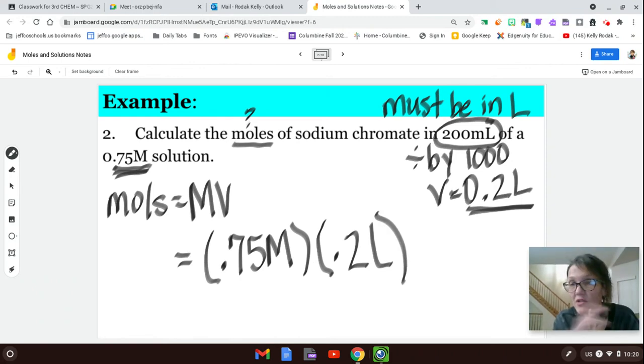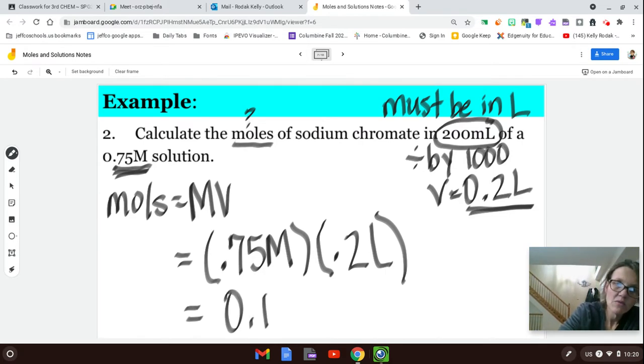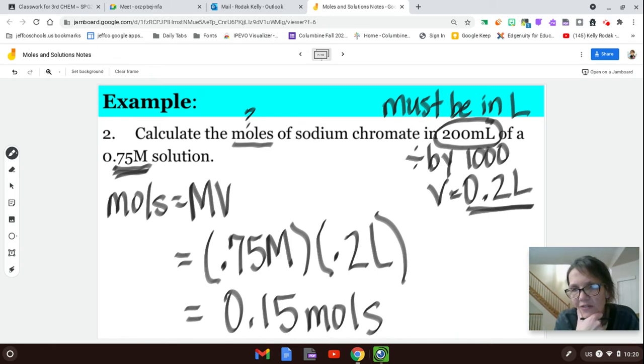Okay, anytime we have two numbers written next to each other, we of course know that's multiplication. So we do 0.75 times 0.2, and our answer is 0.15 moles.